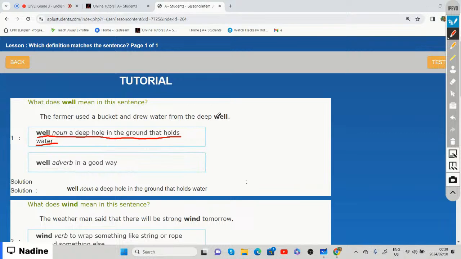So you need to lower buckets deep in this well, and then you can draw water from that. So that is a well. Which means that the sentence matches the first definition, which is a deep hole in the ground that holds water. So number one is correct.